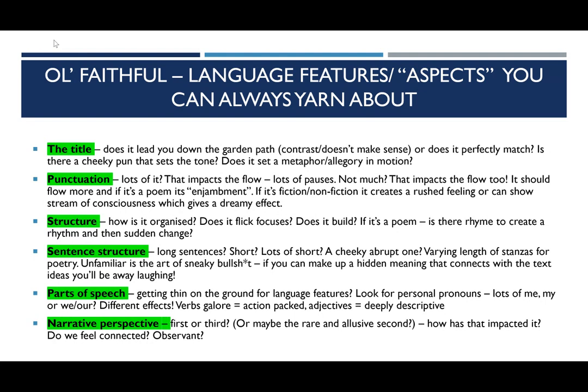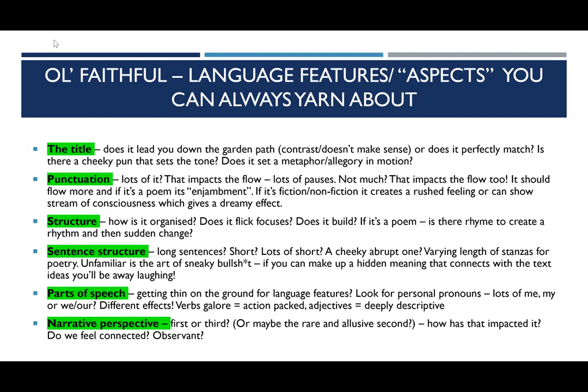Sentence structure. Long sentences, short sentences, lots of short sentences, one short sentence after a really, really long sentence, length of stanzas in poetry. It's all about trying to think on your feet, and sometimes under high pressure situations, you can't find certain language features. Sentence structure counts as an aspect. Go for it.